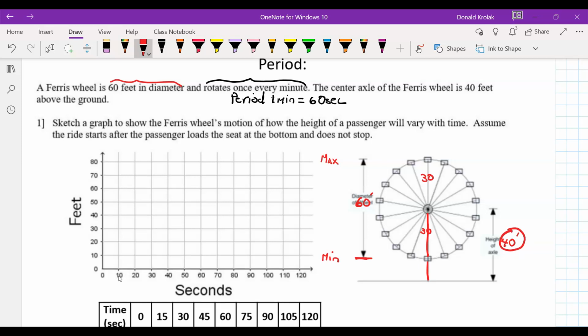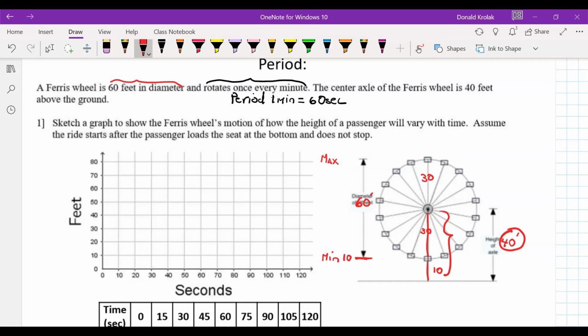So the distance above the ground would be 10. These two together are going to make 40. So our minimum is going to be 10, right?